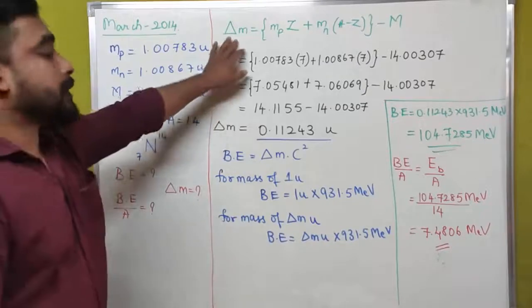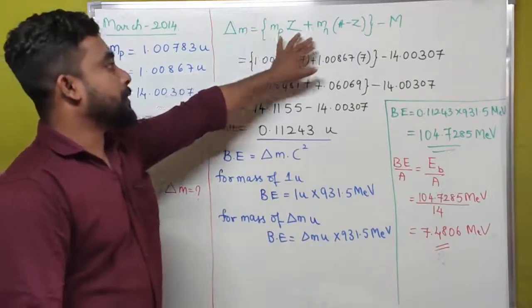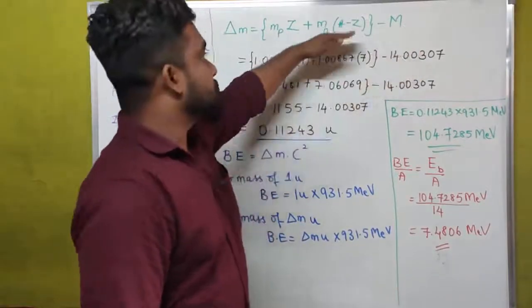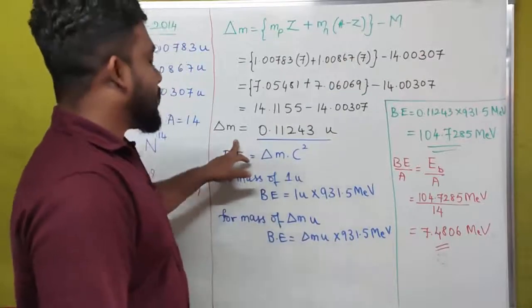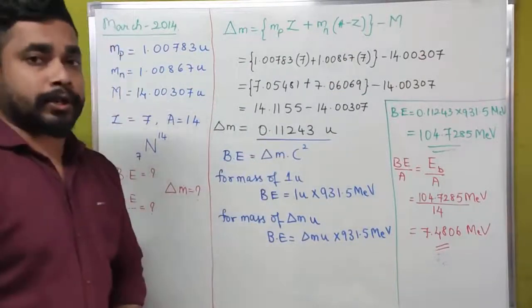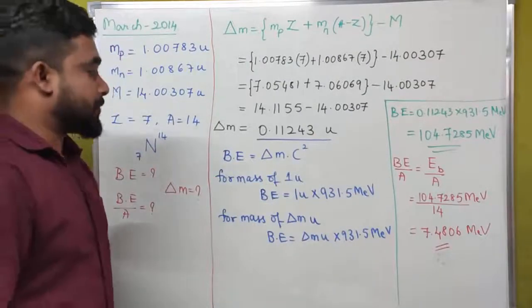Therefore, we calculated the mass defect using the formula Z into Mp plus A minus Z into Mn minus M. By using this formula, we got delta M, the mass defect, as 0.11243 units, that is atomic mass unit or unified mass unit.